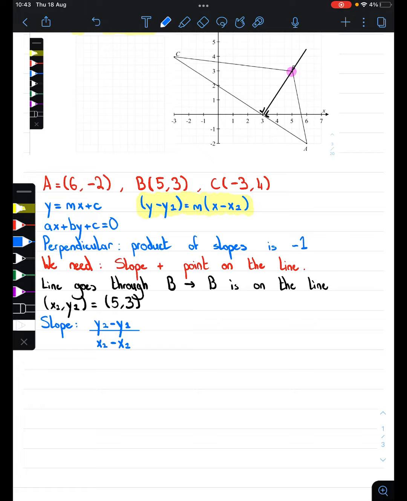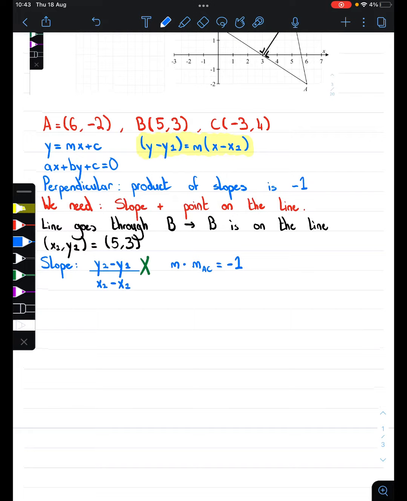But what we do know is that the product of our slope m with the slope of AC, let's call this m_AC, is -1 because they're perpendicular.